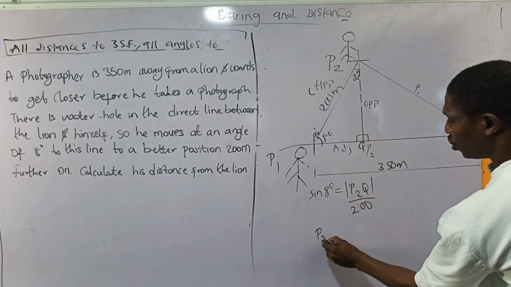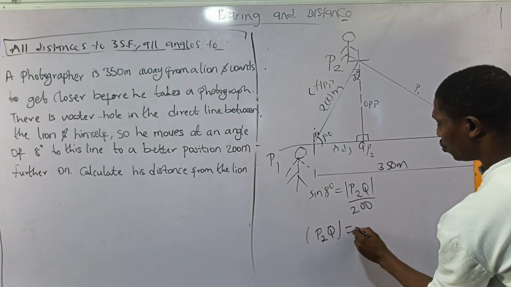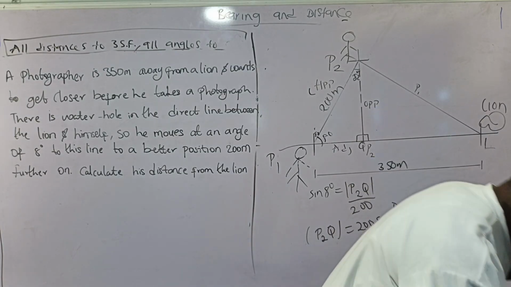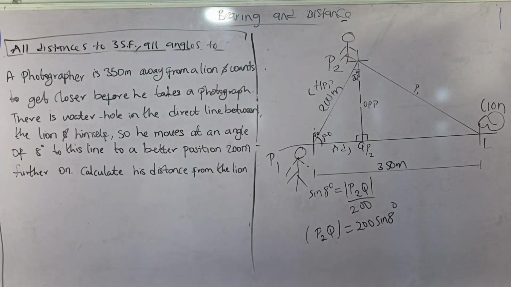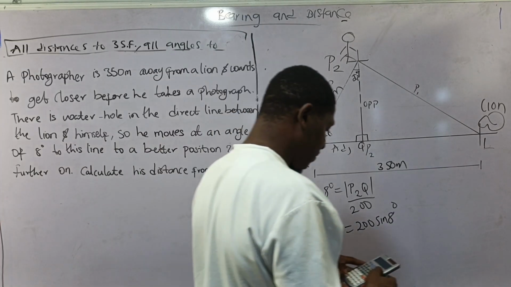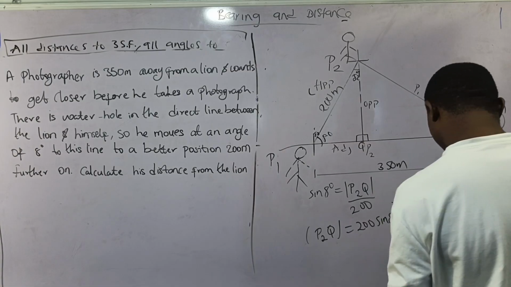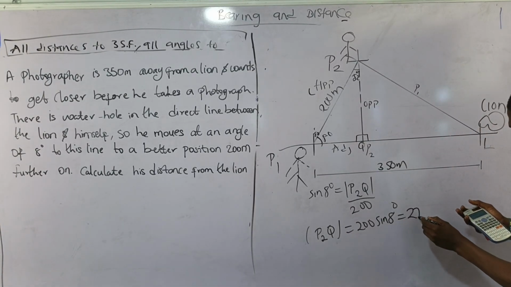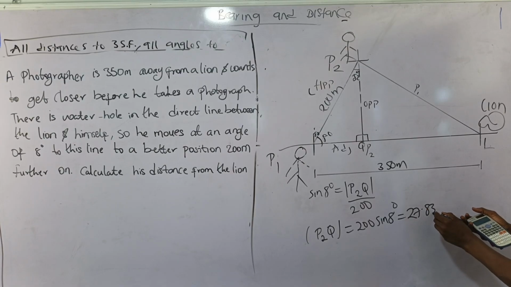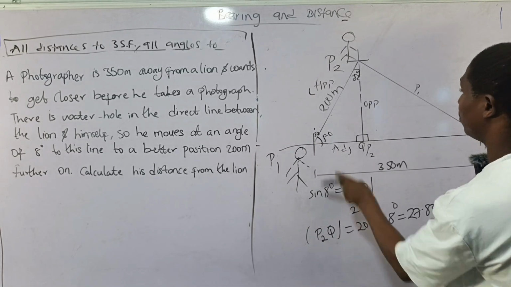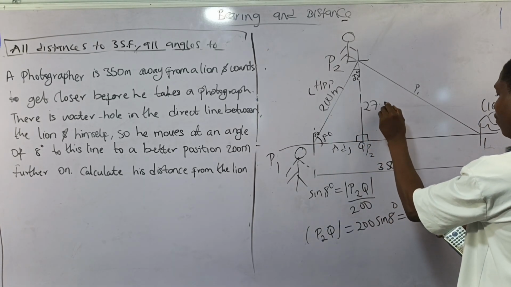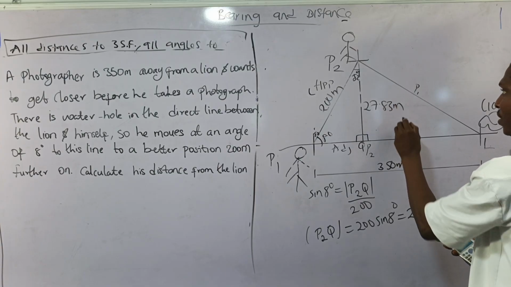And this will give me P subscript 2Q equals 200 sine 8 degrees. So 200 sine 8 gives me 27.83 meters. P2Q. So I can therefore take this as my 27.83 meters.